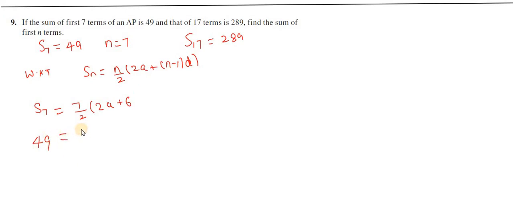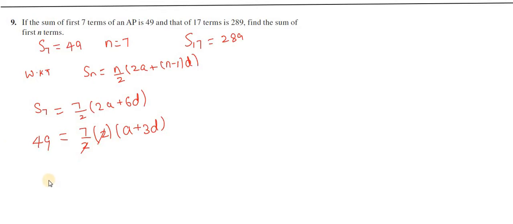So 49 is equal to 7 by 2 into 2 into a plus 6d. You can take out 2 as common. If we take out 2 as common, what remains? a plus 3d.